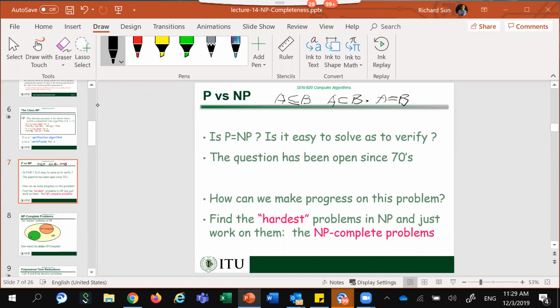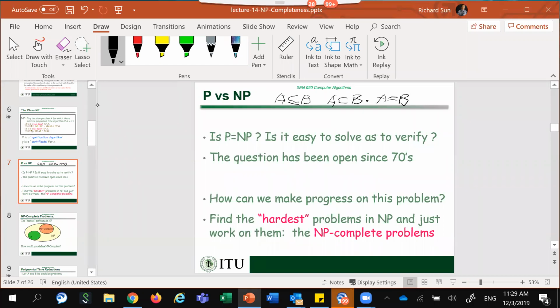Are they the same thing or not? We know that to verify is easier than to solve, but is it equally easy? That's the question: is P equal to NP? Are they equally difficult or equally easy?